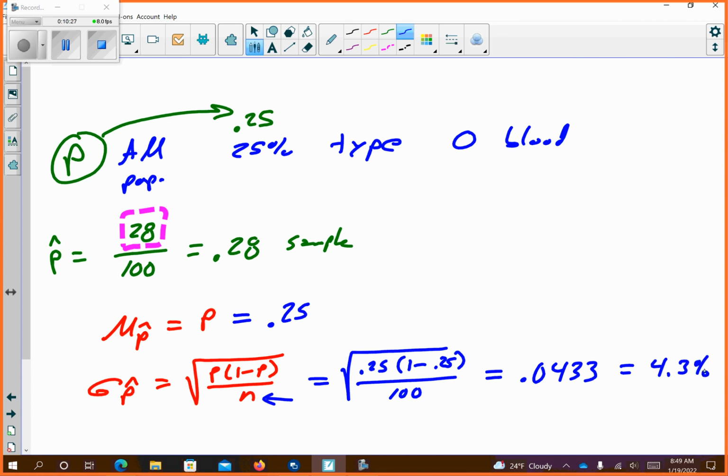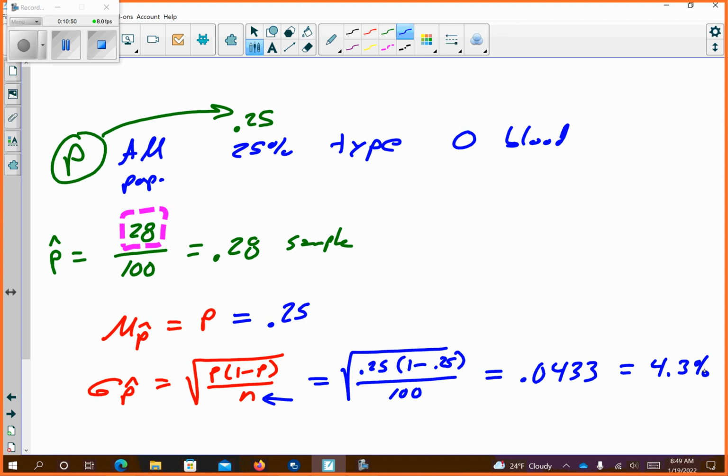So that's like a different standard deviation that's going to take place. The interpretation of each statistic is simple: for a random sample of size 100, we expect to see 25% with type O blood, but we typically vary from that mean or from that average by 4.3%.